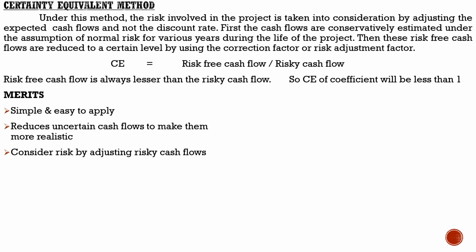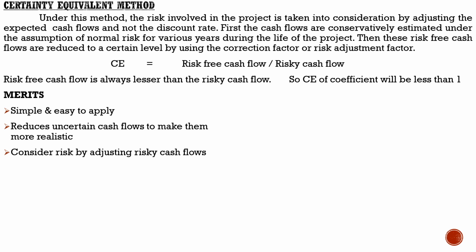Considers risk by adjusting risky cash flows, because in the beginning I mentioned that this method was introduced as a measure to overcome the issues with regard to the risk adjusted method. In the risk adjusted method, the discount factor or the present value factor or the interest rate was adjusted, but actually the risk is always inherent in cash flows.